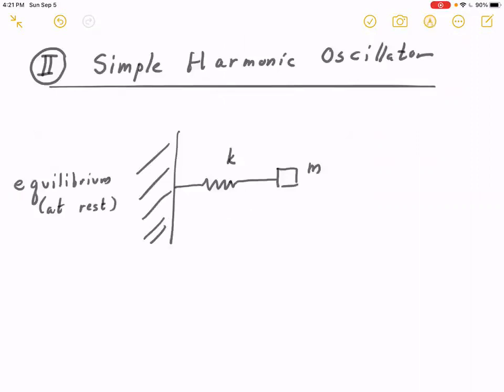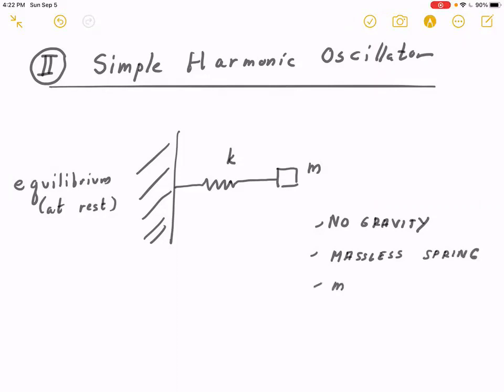Now, a lot of approximations we have to make here. Unlike the previous examples, we're going to ignore gravity. We are also going to make our lives a little more tractable by ignoring the mass of the spring.